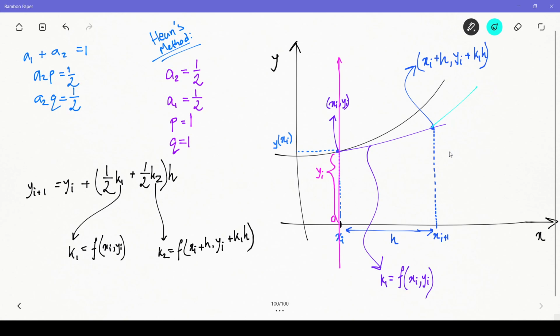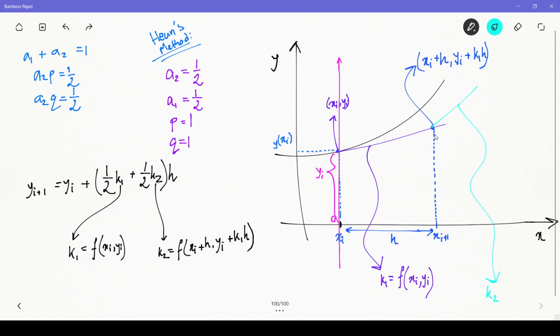Okay, fine. So this thing over here, this is our k2, which is what? f of x sub i plus h, y sub i plus k1 times h. There is not enough space to write it, so I'll forego writing it. But of course you can see the value of k2 over here, right? Fine.